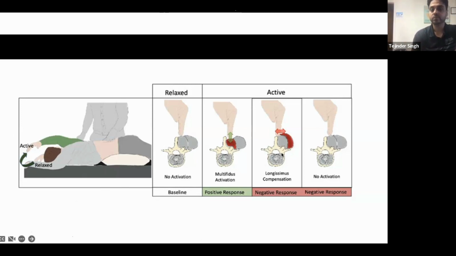If I shift weight onto the right foot, is it the right multifidus activation? No, I think it's the left, because you'll always feel it on the side. I will explain this with more research backing.